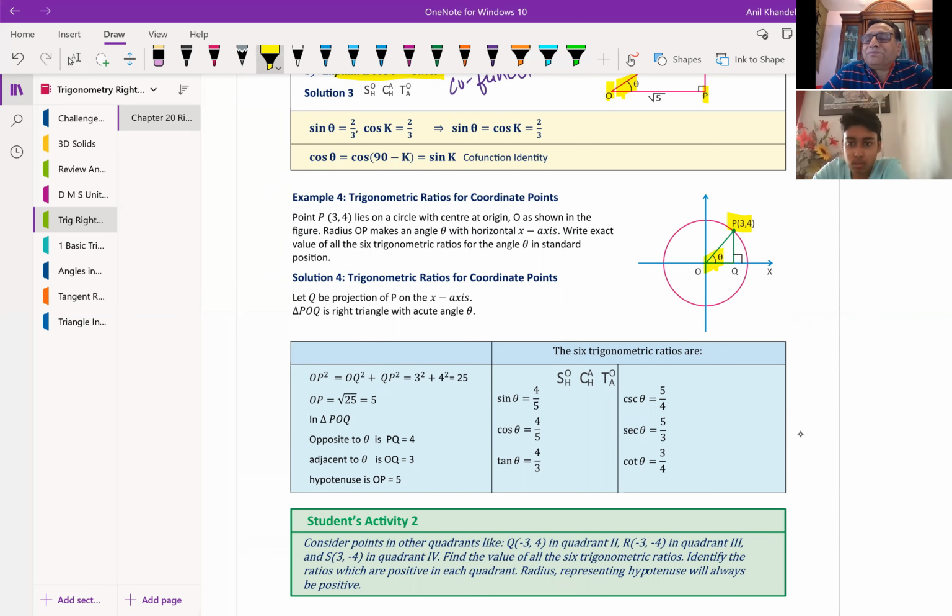Can you figure this out? So basically, sir, point P is (3, 4), right, sir? Yeah. 3 on the x-axis, 4 on the y-axis, and then we have to find out the theta angle. How will you find theta?